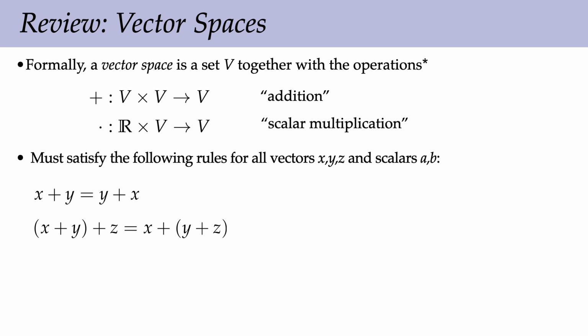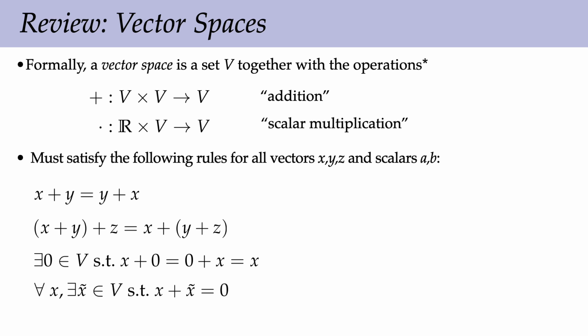Adding x and y first and then z has to be the same as adding y and z first and then x. There's always a 0 vector such that adding it to any vector just gives you that same vector back again. There's always, for any vector x, some other vector x tilde such that adding x and x tilde gives you 0. So x tilde is kind of the opposite of x. And so on. There's rules for how scalars interact with vectors.